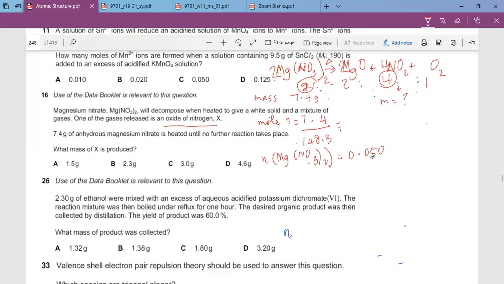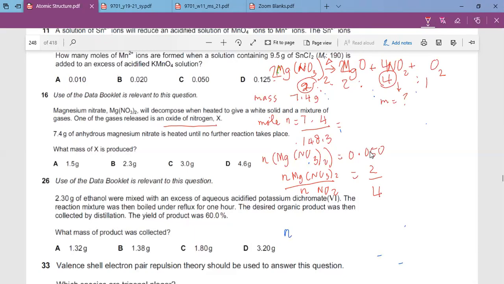Now remember, the number of moles of magnesium nitrate over the number of moles of NO2 is equal to 2 over 4.